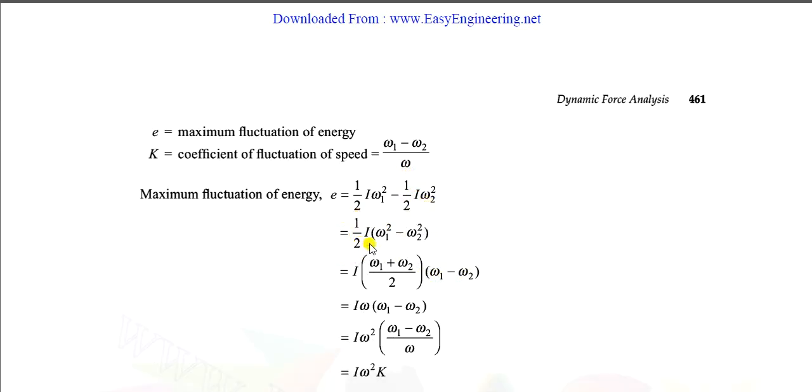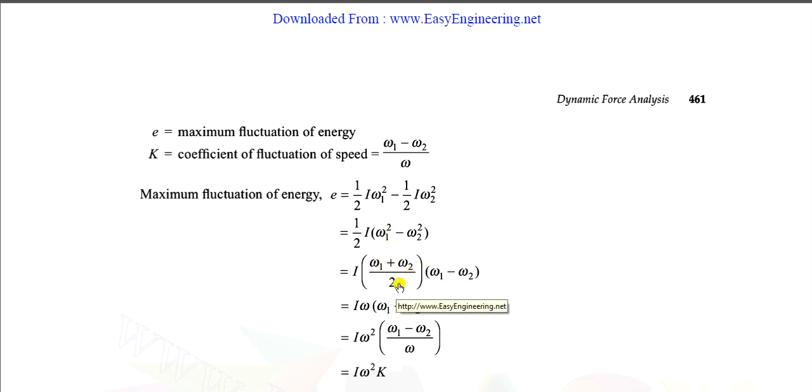So taking half I common, omega 1 square minus omega 2 square, I can write as omega 1 minus omega 2 into omega 1 plus omega 2. Since a square minus b square is equal to a plus b into a minus b. And this is I times omega 1 plus omega 2 by 2, where the 2 is taken here.